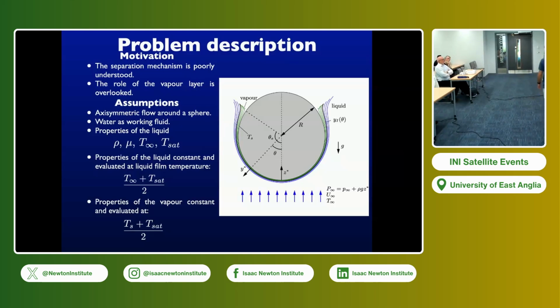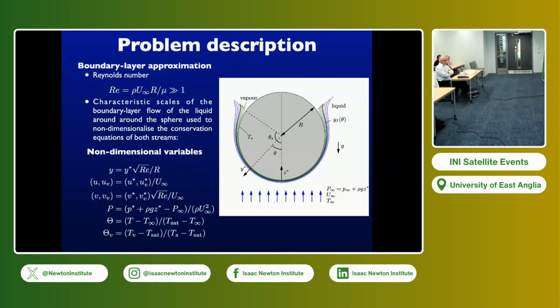The properties of the liquid will be the density, viscosity, the temperature of the free stream and the temperature of saturation. We assume both for the vapor and for the liquid that the properties are constant, and for the liquid they are evaluated at the liquid film temperature, and for the vapor at the vapor film temperature.